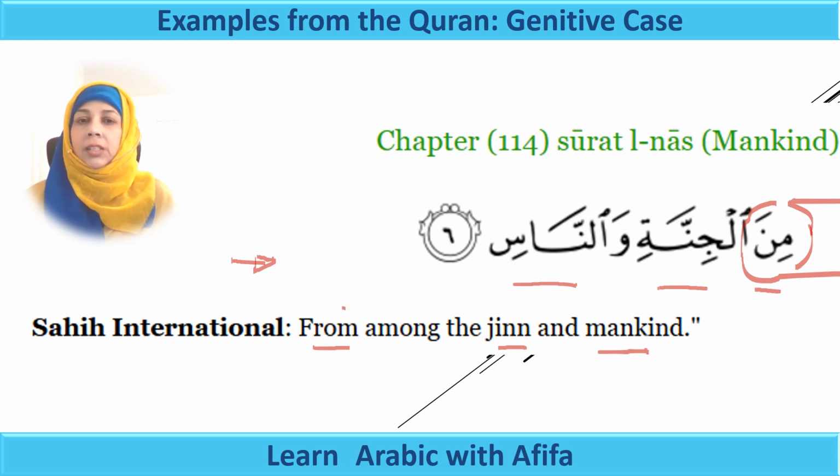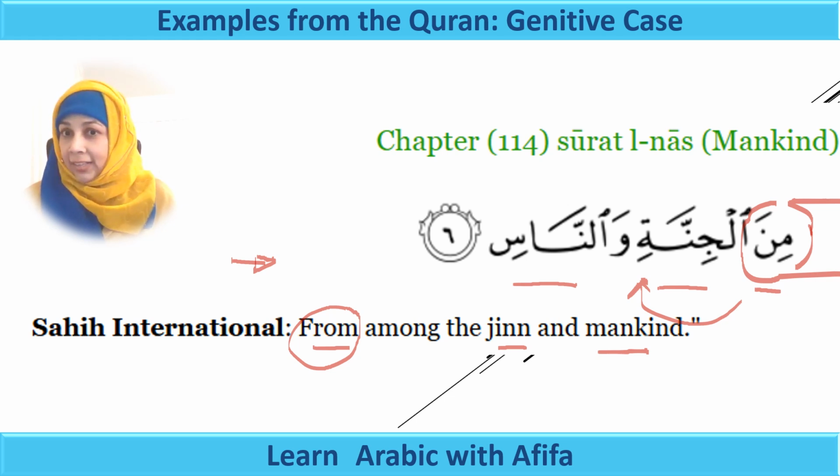It means from. And because a preposition preceded the noun, it made it in the majrurun case with the kasra ending. That is why it is minal jinnati. And we also observe that jinnati is definite because it has an al. So it is the jinn.